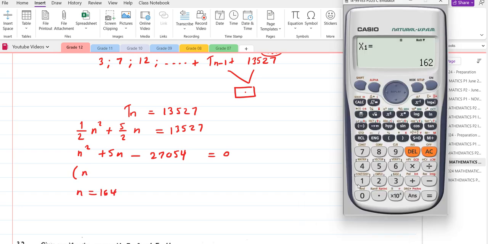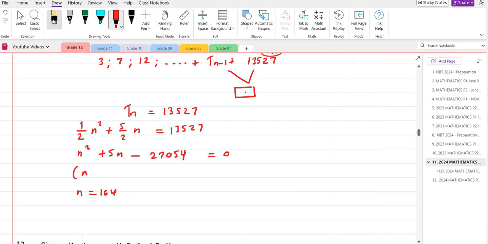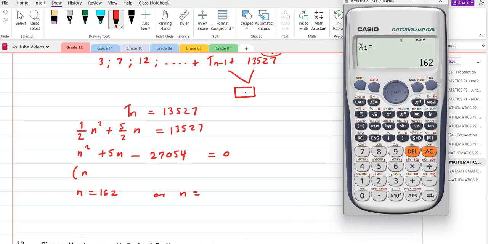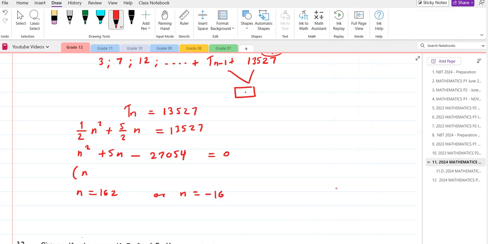Check, 162, sorry, 162, or n is equal to, you're going to get two values, negative 167. Let me show you how to put this in brackets: n minus 162 and n plus 167.